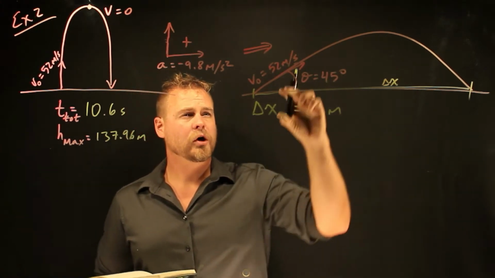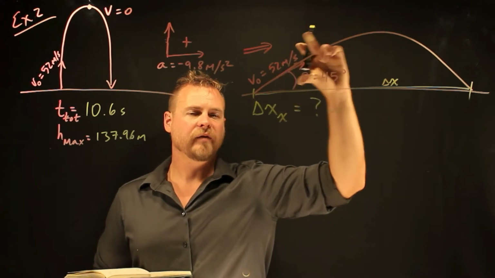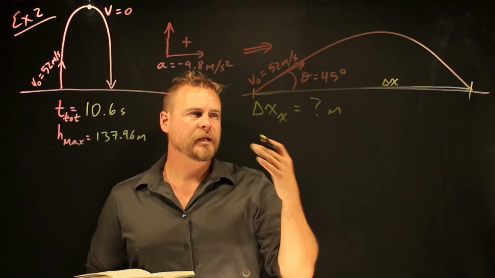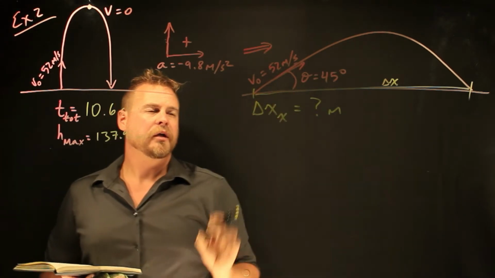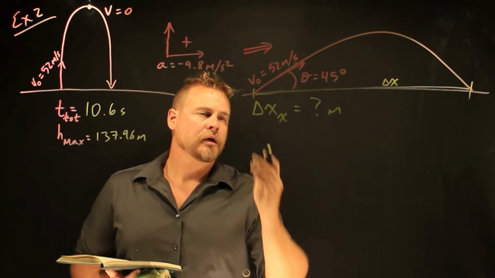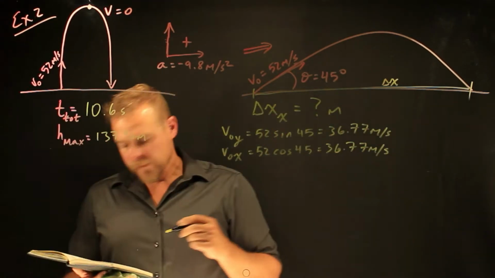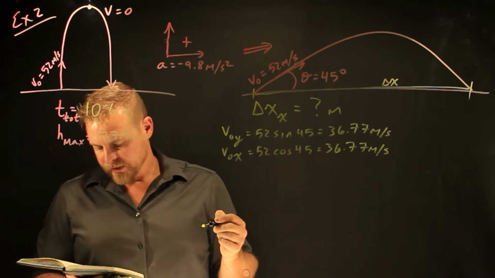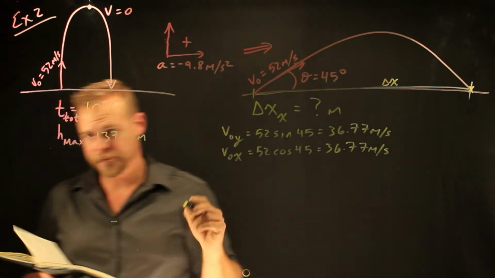And so I'm going to start with the y-dimension initial velocity and find my total air time, and then I'll use my total air time and that initial x dimension velocity and multiply that through. Alright, so using the y dimension at the end, I can find the total time.